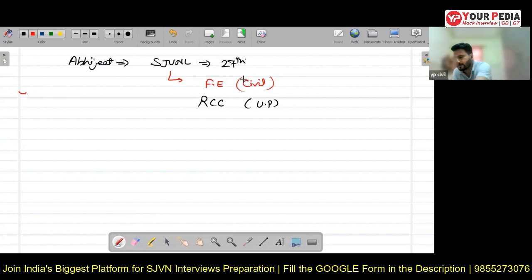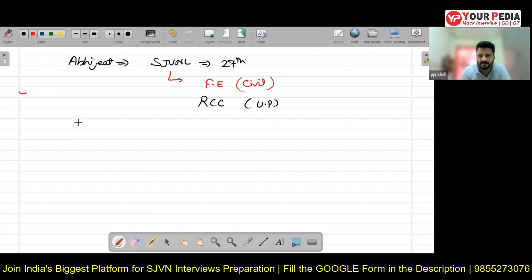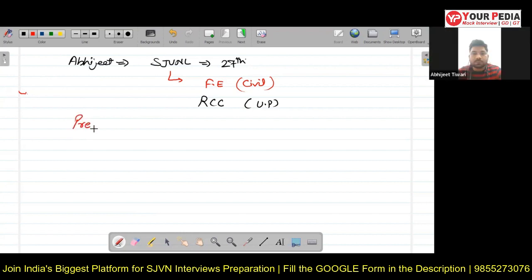So can you tell me about pre-stressed concrete? How is it different from the normal RCC member? Sir, in pre-stressed concrete, the initial stresses are already developed.